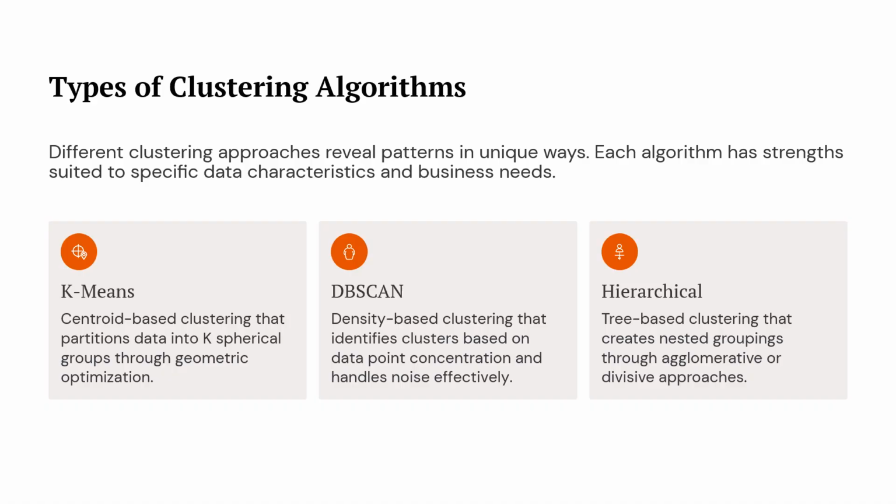It divides data into K groups by finding the most balanced centers. DBSCAN takes a density-based approach. It discovers clusters by spotting regions packed with points and ignores noisy outliers. And hierarchical clustering builds a tree of relationships, merging or splitting clusters step by step to reveal data hierarchy.